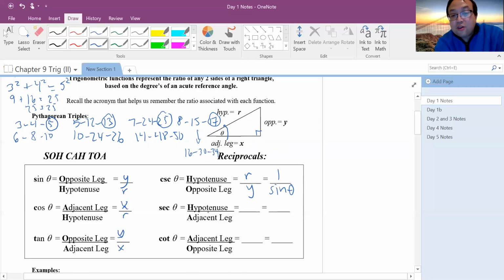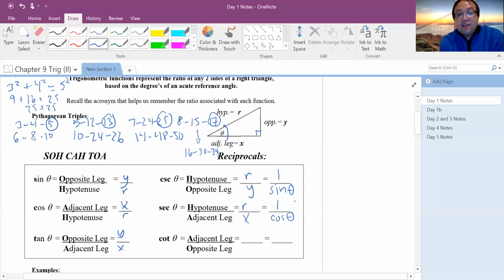Secant of theta, if you look at the ratio, it's hypotenuse over adjacent leg. So if I were to write the letters, it would be r over x, so radius over the adjacent leg. If I compare that to cosine of theta, you see how I flipped the ratio? So secant of theta is the reciprocal of cosine of theta, so 1 over cosine of theta.